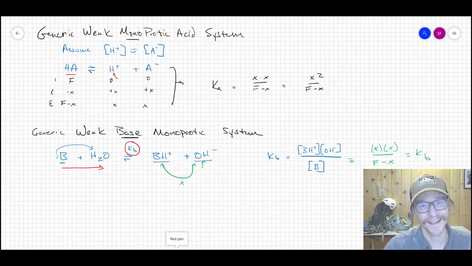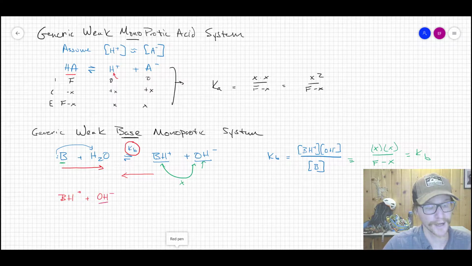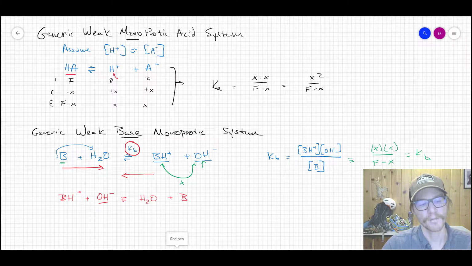Because in that case, if we reverse this reaction and we run it this way, and we want to think about what is the equilibrium constant for the protonated version of the base plus pure hydroxide, which is a strong base, proceeds to make water plus base. This is not simply the Ka. Even though this is an acid, it's now reacting with a strong base instead of water. And so that would be 1 over Kb, which would be a much larger number because Kb is weak.